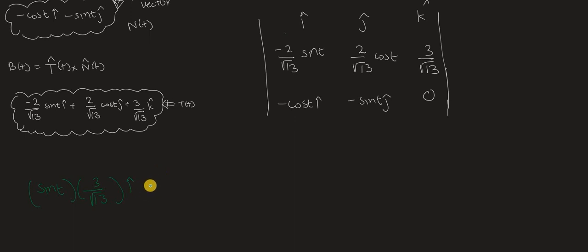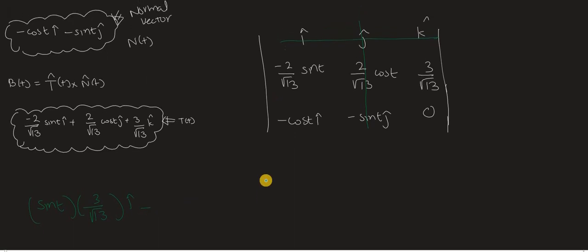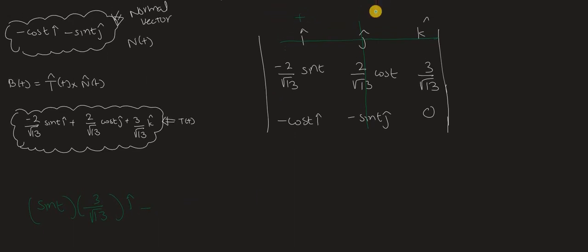Okay, now let's move on. So now we're at j hat. For j hat, we're going to cross out the j-th column and the j-th row. And for the j hat, remember we have to put a negative here because the signs go plus, minus, plus. That's why the first one was plus and the second one is negative, and then the k will be positive as well.